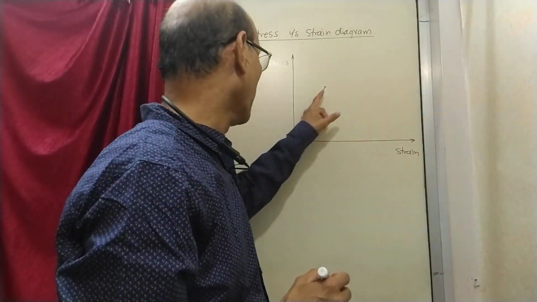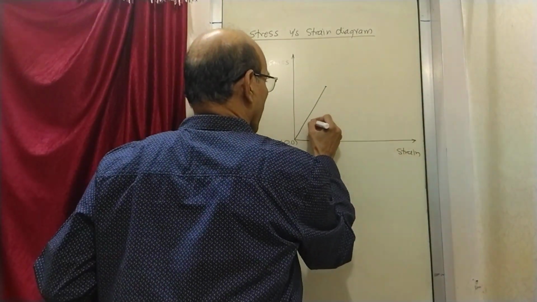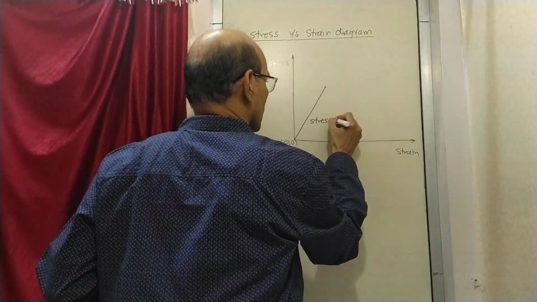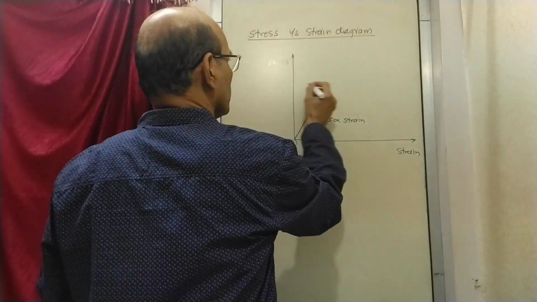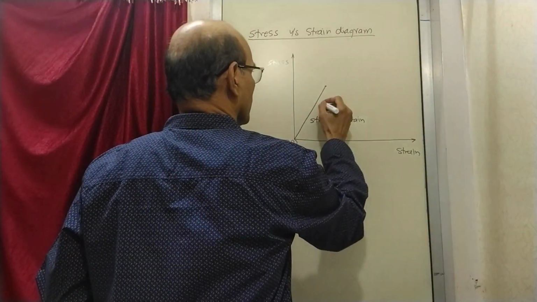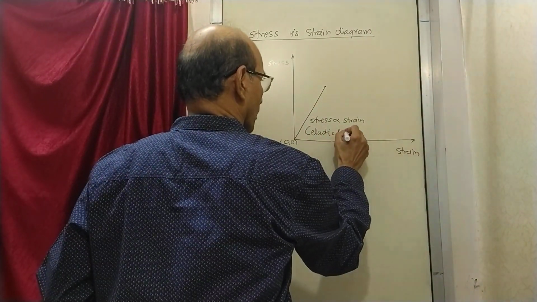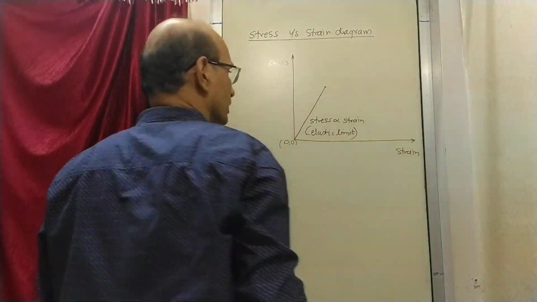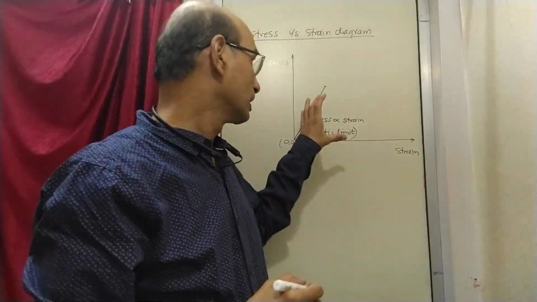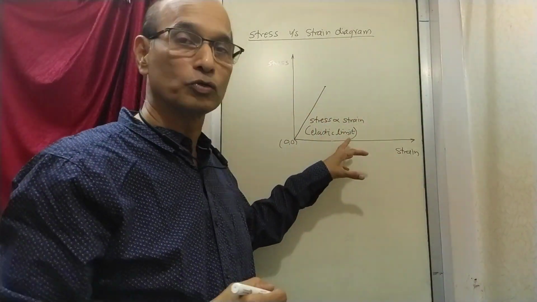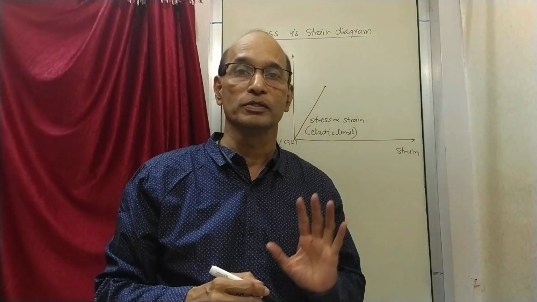Up to this point, stress is proportional to strain, and therefore this is called the elastic limit. Within the elastic limit, stress is proportional to strain, and even if you remove the load, the object will come back to its original position.